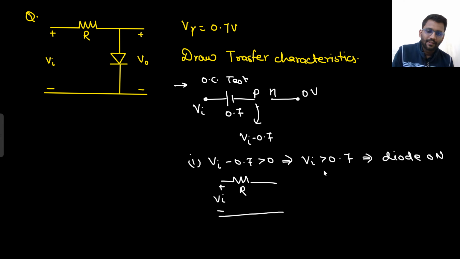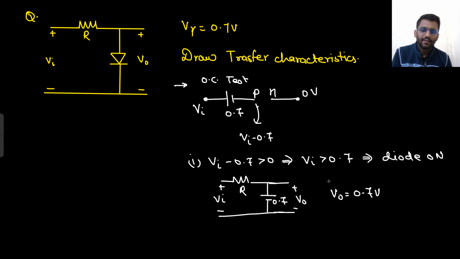This is resistance R. If diode is on, the diode will be replaced with the battery of 0.7 volt. And this is your V naught. So V naught will simply be 0.7 volt, right?